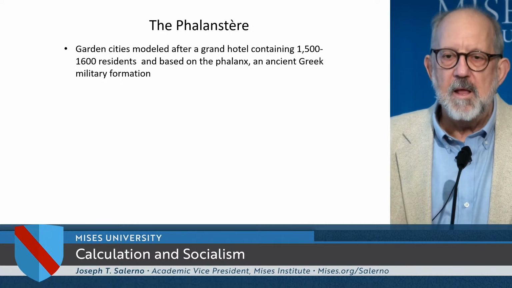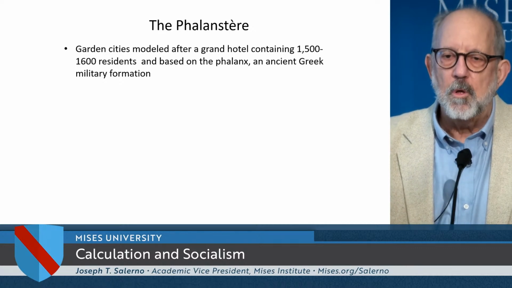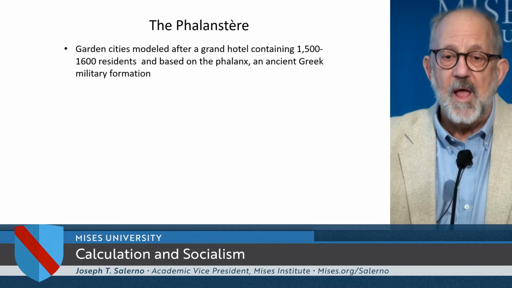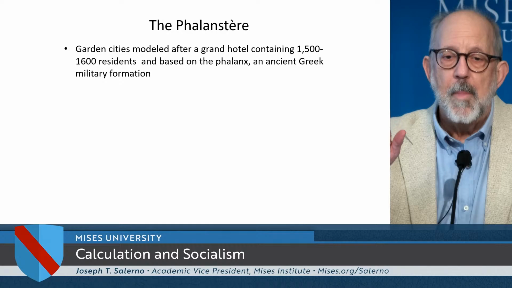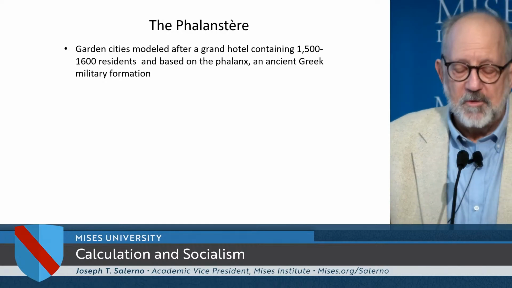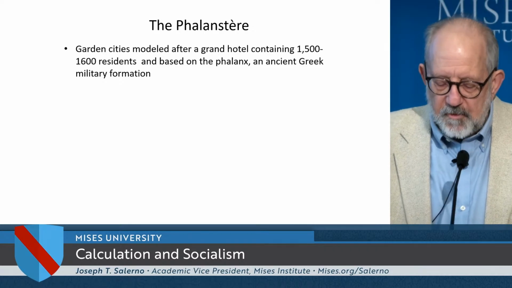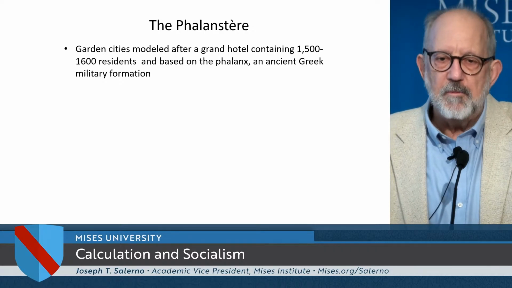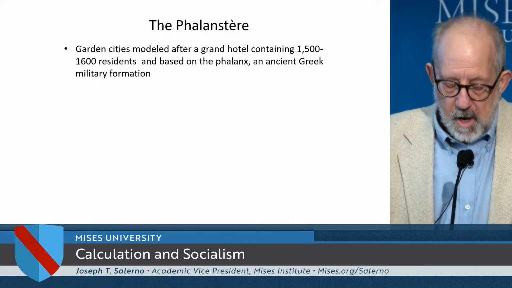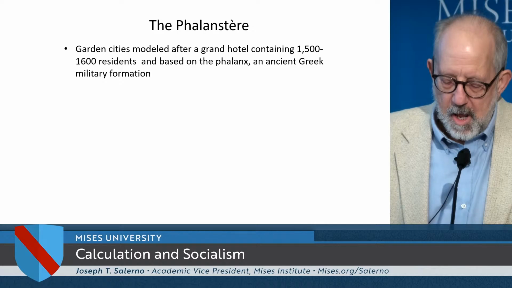Every single socialist had their own little method of implementing socialism. So his was that there would be 1,500 to 1,600 residents, which was a Roman phalanx, as I said, a military formation, or an ancient Greek military formation.